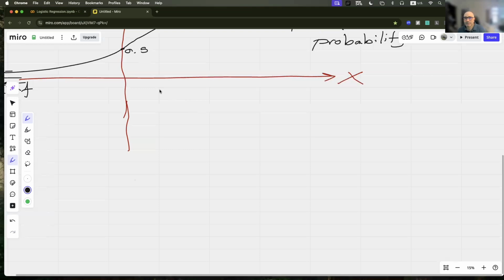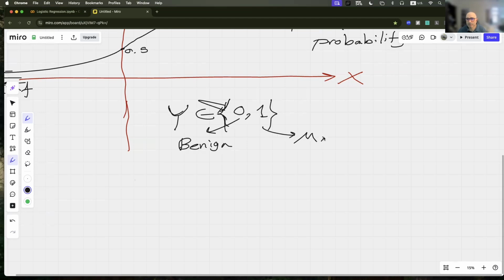We have two classes here. Basically, our target belongs to class 0 or 1. So in the case of breast cancer, maybe 0 is benign and 1 means malignant.